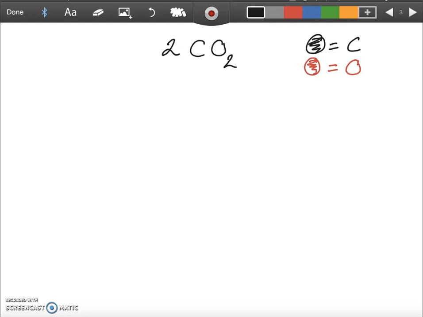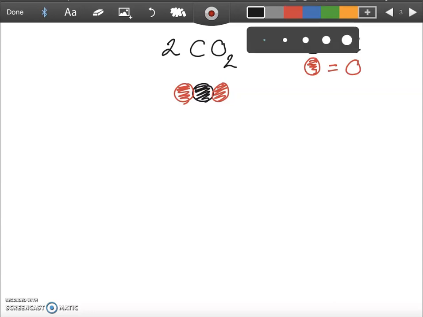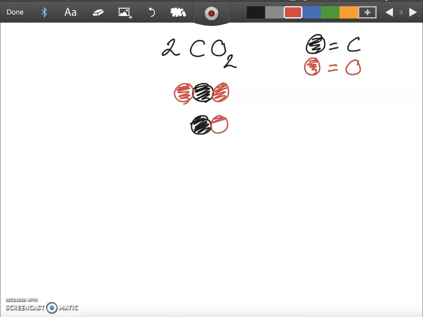So I'm going to go ahead and put the black circle right here. There's one. And then let's do the other one. And there you go, there's 2 particulate drawings for CO2.